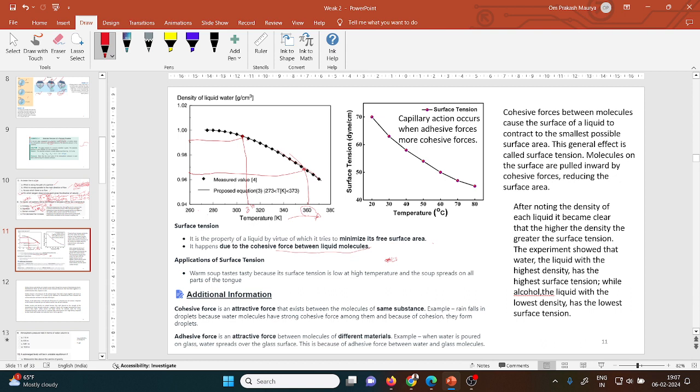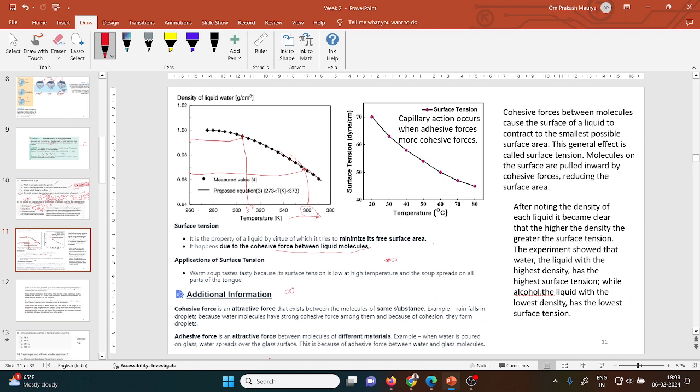For some students: cohesive force is nothing but the attractive force between the same type of particles, the same type of fluid, the same type of substance. The adhesive force is also an attractive force, but between different materials, not the same substance. Like glass and water: cohesive force is the attraction between one water molecule and another water molecule. The adhesive force is the attractive force between a water molecule and the glass.